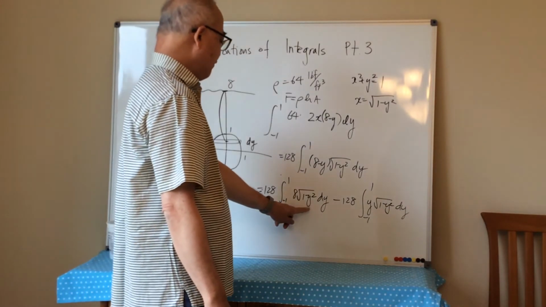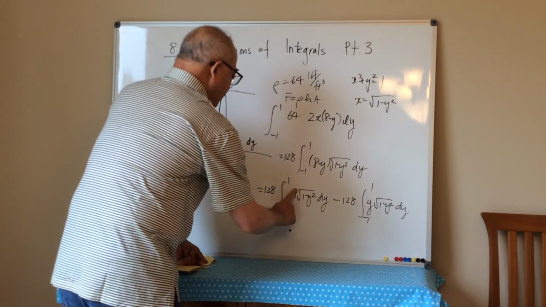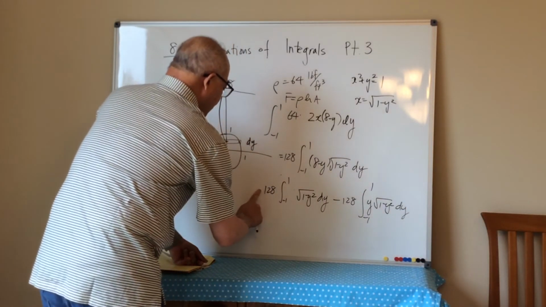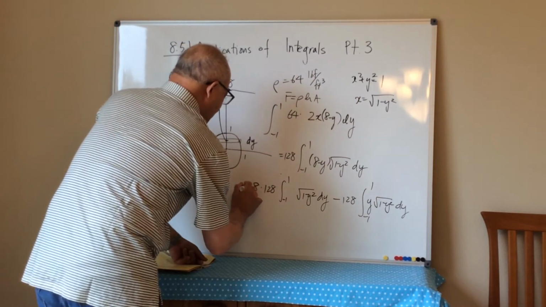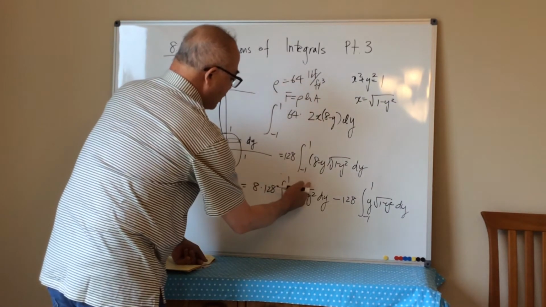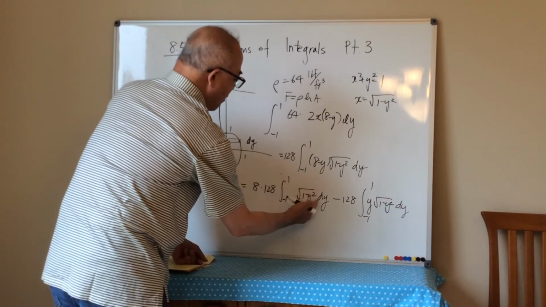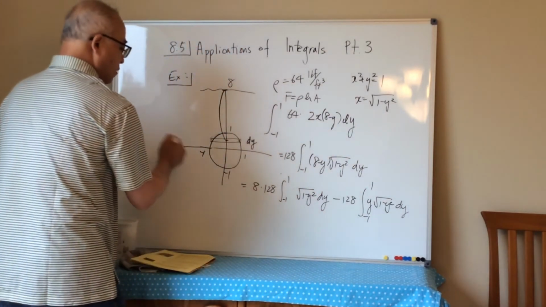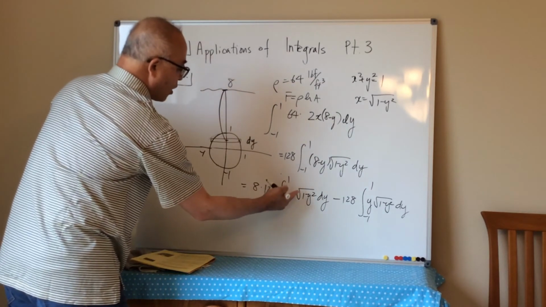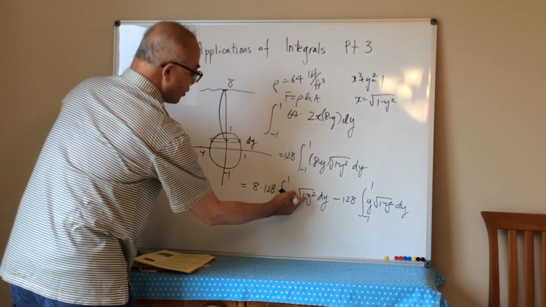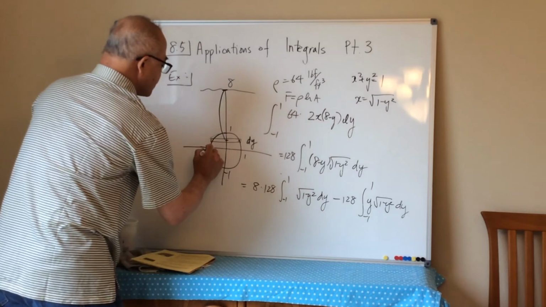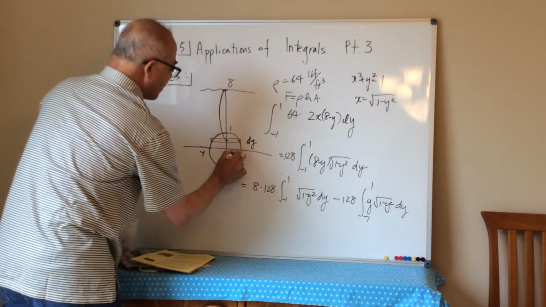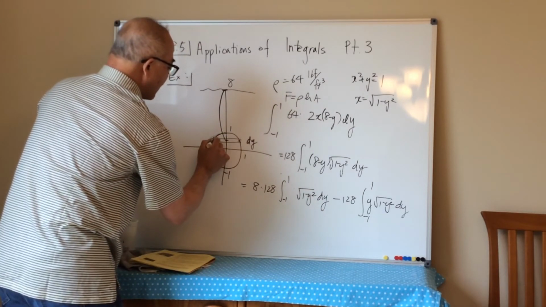Let's look at the first one. If I pull the 8 out, I'm going to have 8 times that. And what is this? This is the area of a semicircle, because from negative 1 to 1, the integral of the square root of 1 minus y squared is the area under that curve right here.